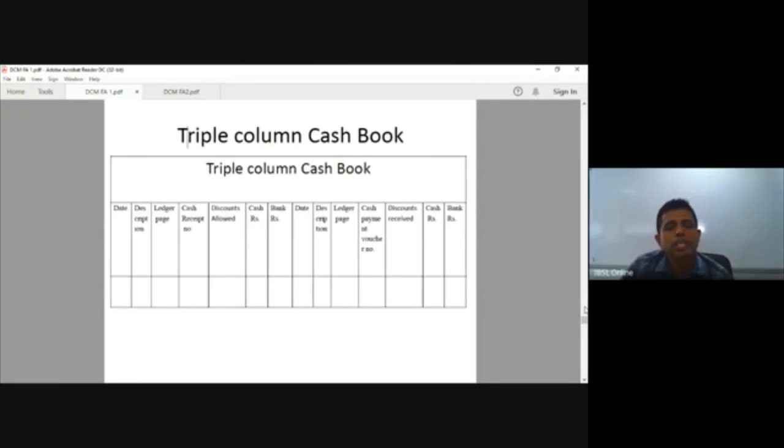Then the triple column cash book, where you have debit and credit purchases and credit sales, so you have debtors and creditors, right? Sometimes people encourage early payment from debtors and creditors.